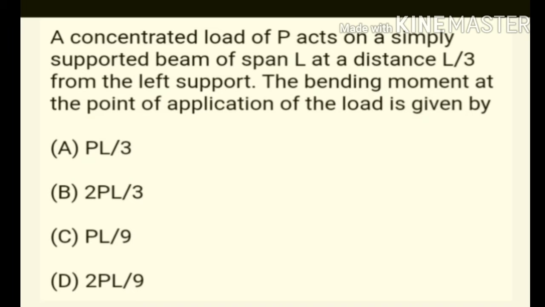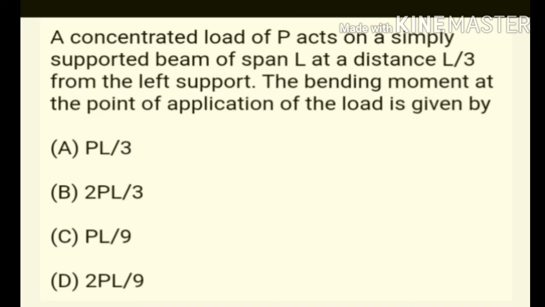See, here a simply supported beam is a beam which is simply supported at both ends. It is having two supports. The first support is on the left side and the other support is on the right side. It is having a span of L, that means the length of the beam is L. Here a load is applied at a distance of L by 3 from the left end.